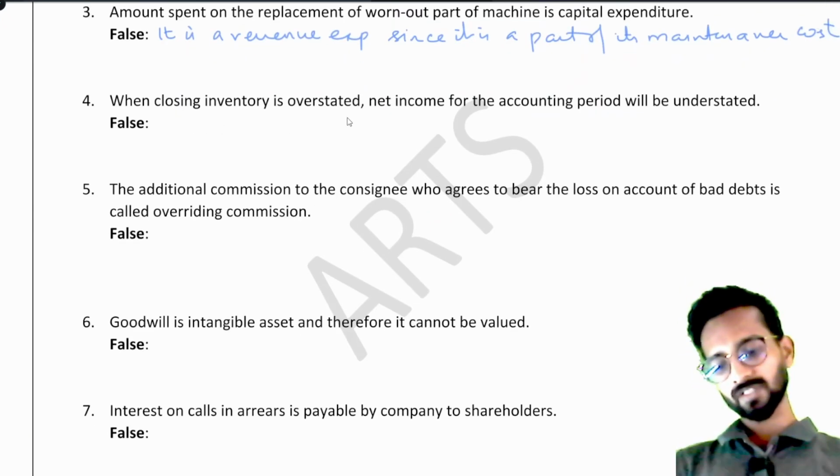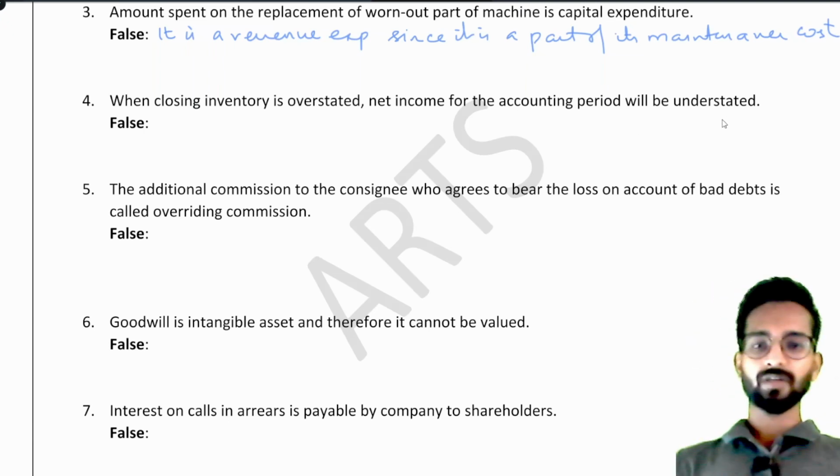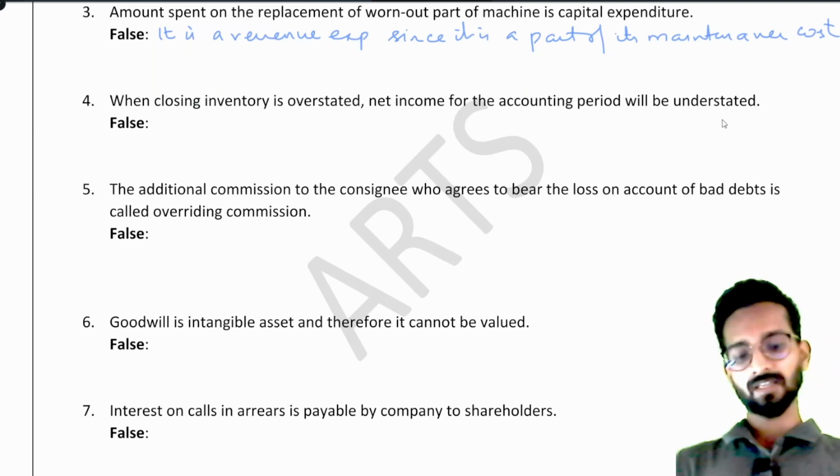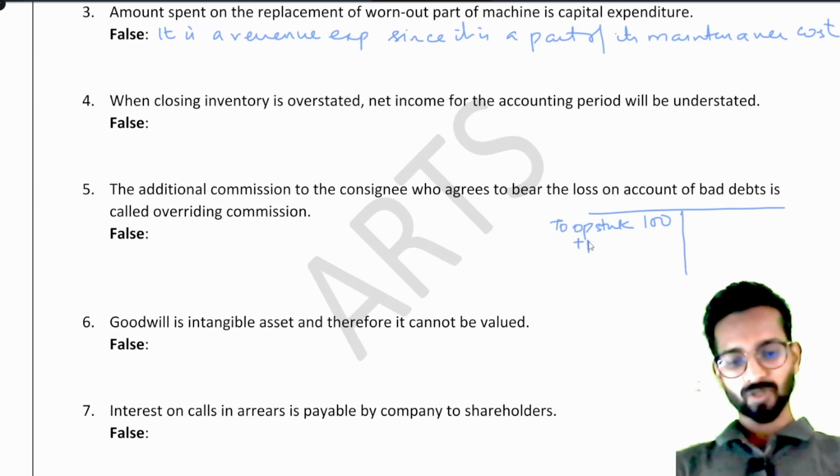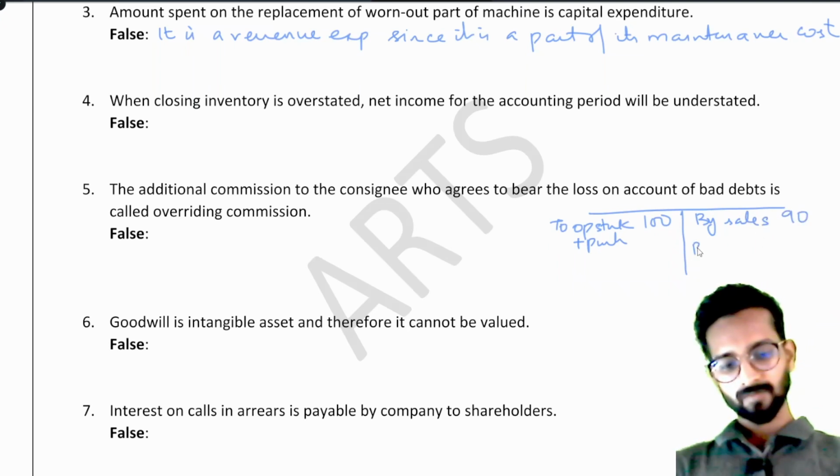व्हेन क्लोजिंग इन्वेंट्री इज ओवरस्टेटेड नेट इनकम फॉर द अकाउंटिंग पीरियड विल बी अंडरस्टेटेड. अरे भाई देखो ये पूरी एक साइकिल है, ध्यान से समझो. ट्रेडिंग अकाउंट बनाए, ट्रेडिंग अकाउंट में आपने यहाँ पर लिखा ओपनिंग स्टॉक 100, सपोज ओपनिंग स्टॉक प्लस परचेजेज यू हैव रिटन 100 and you have written here by sales 90, by closing stock 30, so you will write here to gross profit 20 rupees.